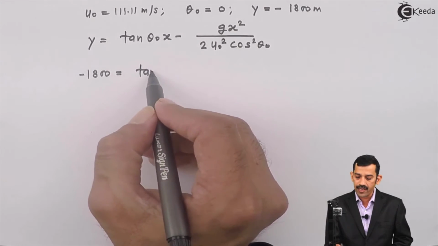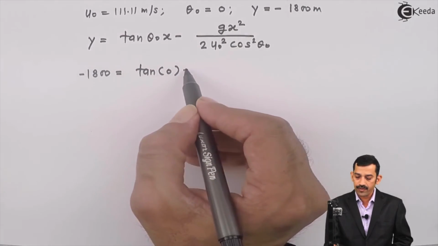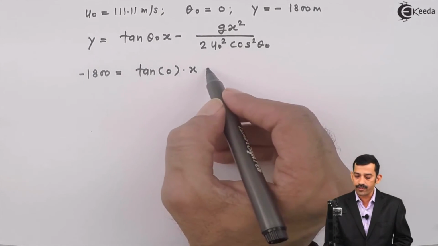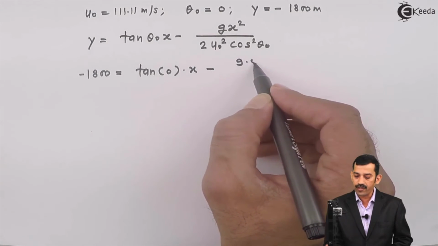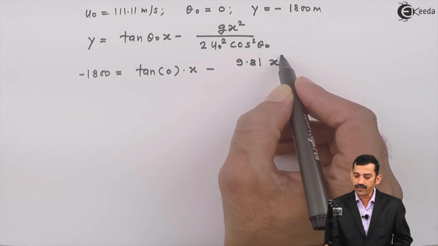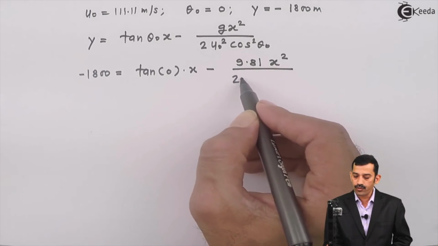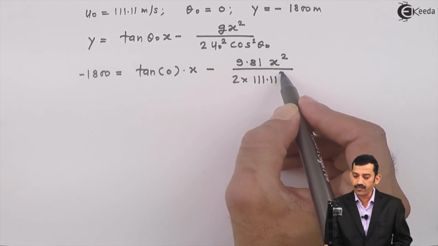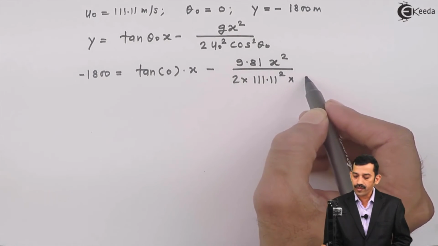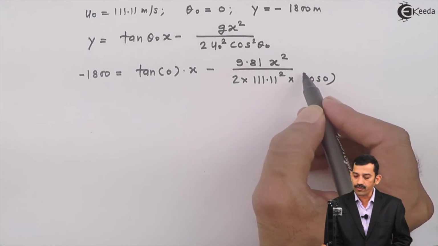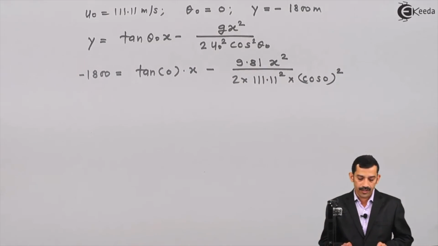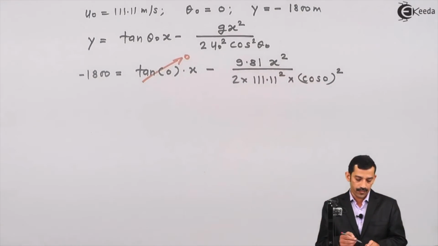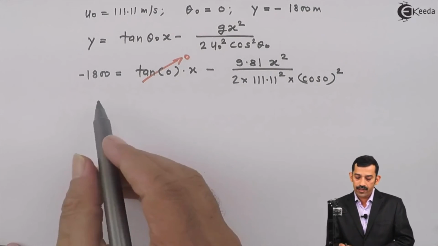That means it is tan of 0 into x. Tan 0 is 0. That means this term comes out to be 0, minus 9.81 x square upon 2 into u0 square, 111.11 square, into cos of 0. Cos 0 is 1.